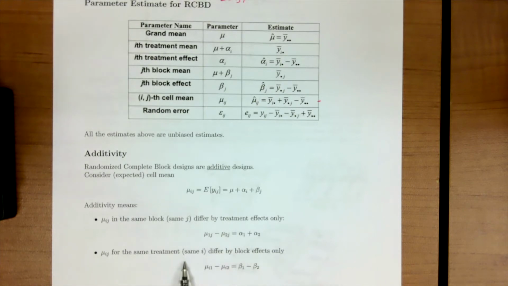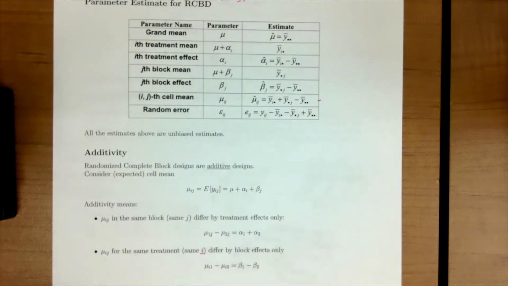Now, if we looked at the expected response within the same treatment, i.e. i, but they differed by the block, the only difference is the block effect. So as we move from block to block, there can't be a difference among the treatments, is what this is saying.